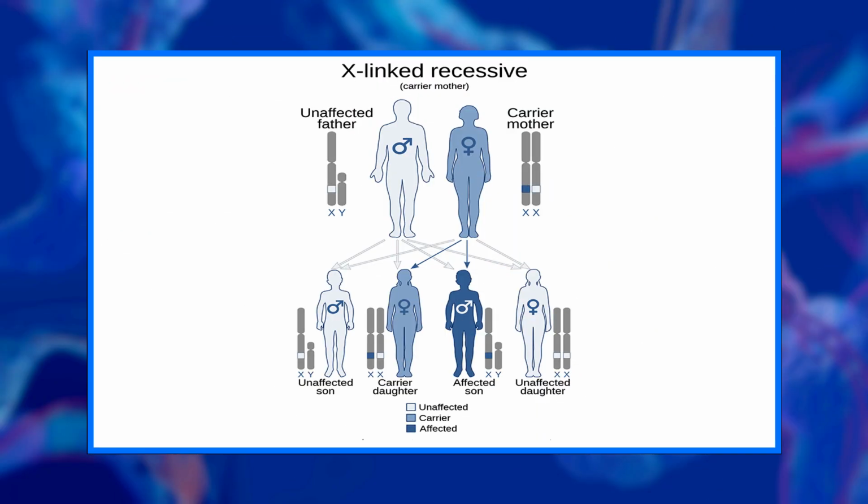Sons of these women have a 50% chance of getting the disorder, but daughters have little chance of getting the disorder unless the father also has it, and will instead have a 50% chance of being carriers.